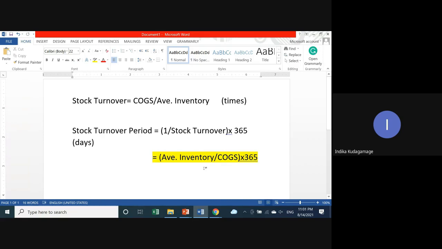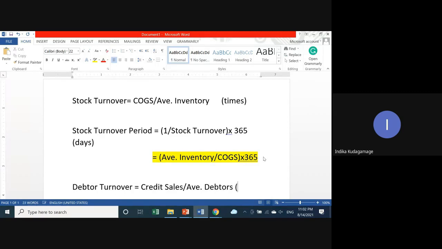Then we will work out a similar ratio, which is debtor turnover, which is equal to credit sales divided by average debtors.